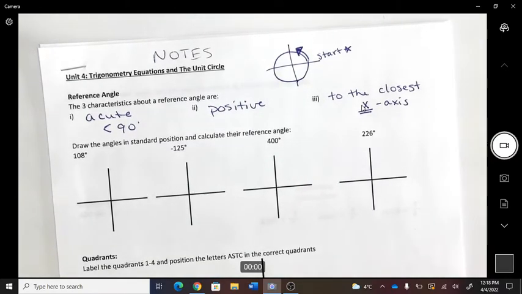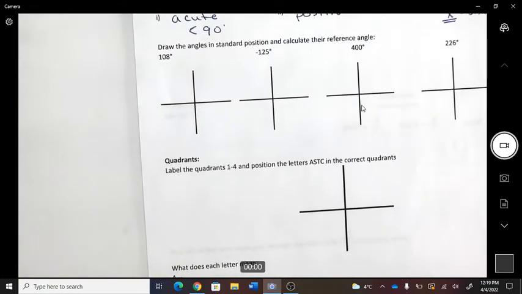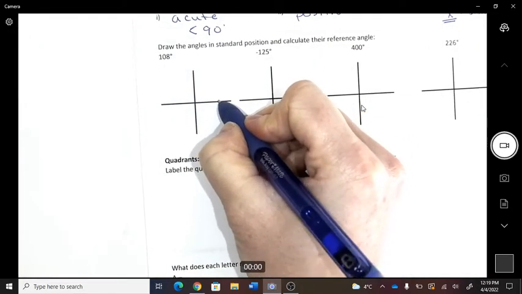How many degrees are in a whole circle? 360. How many are in a half circle? 180. How much is a quarter of a circle worth? 90. Okay. Where would 108 degrees rotate? So put your pen here, that you're starting here.